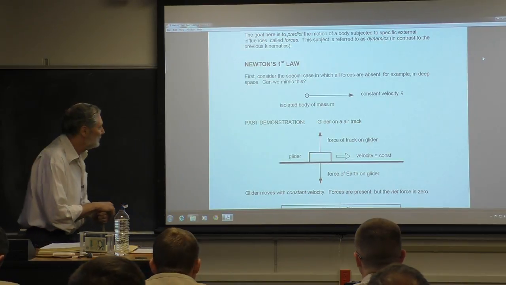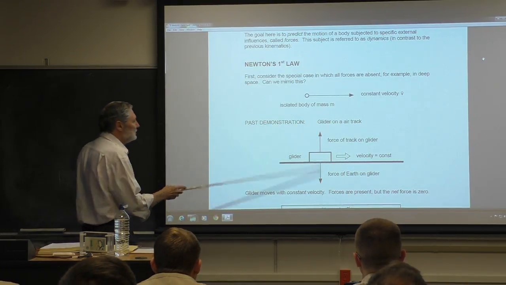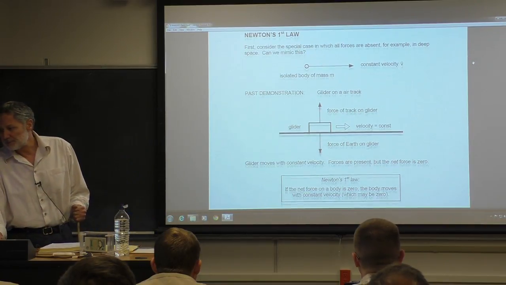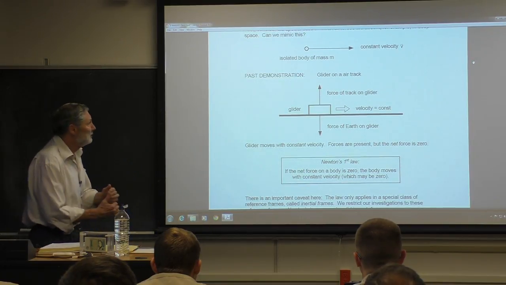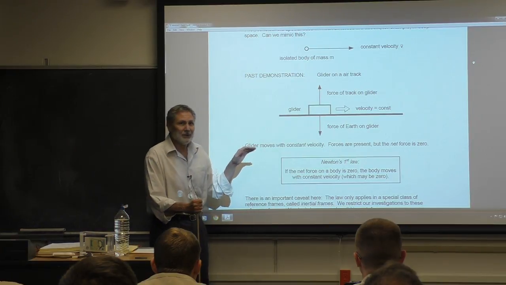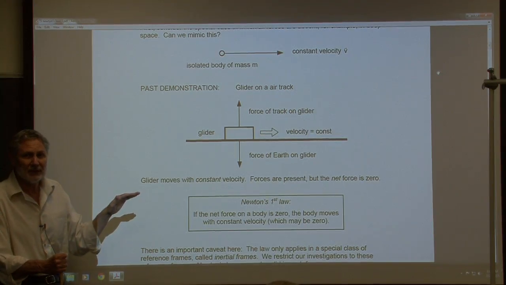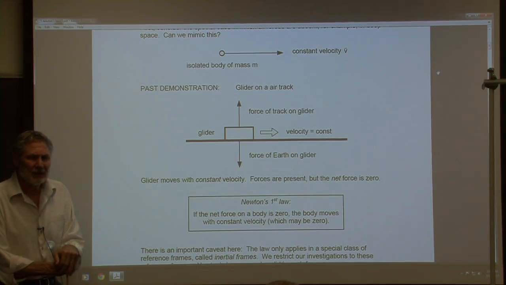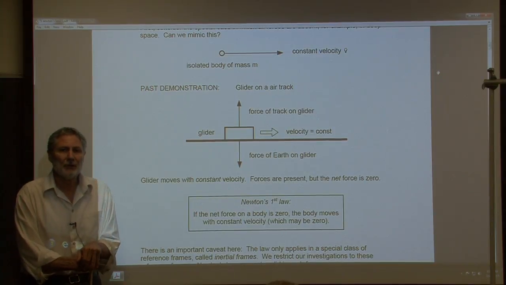So this is a way of achieving or mimicking this situation. Remember, one of the first things we did was I gave the glider an initial velocity, and what happened? It moves with constant velocity. And we checked that with the photo gates, remember?